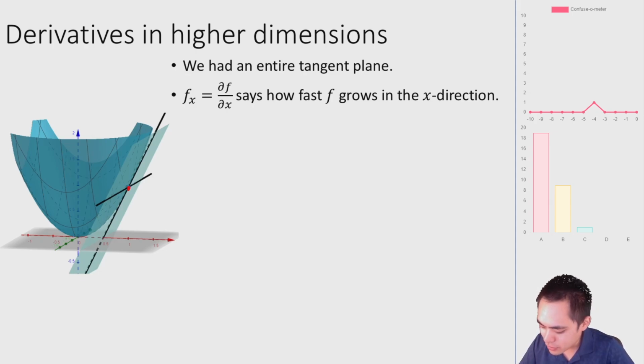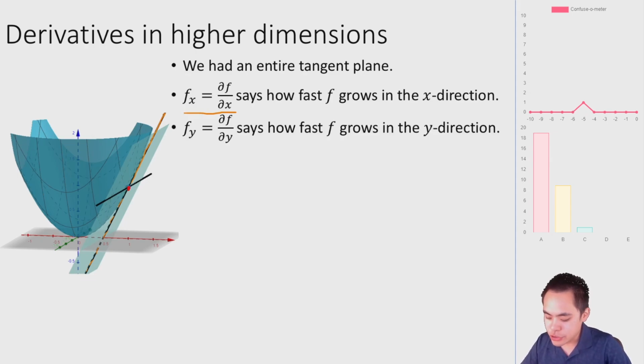So this here, let me put this in orange, in the x direction, that's this line here. Okay? And we also had partial y, which is how fast it grows in the y direction. So in this particular case, that's this line here in blue.